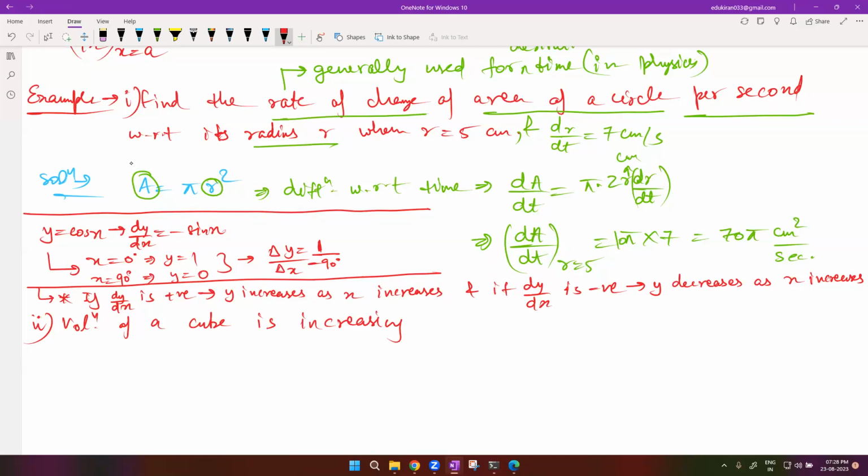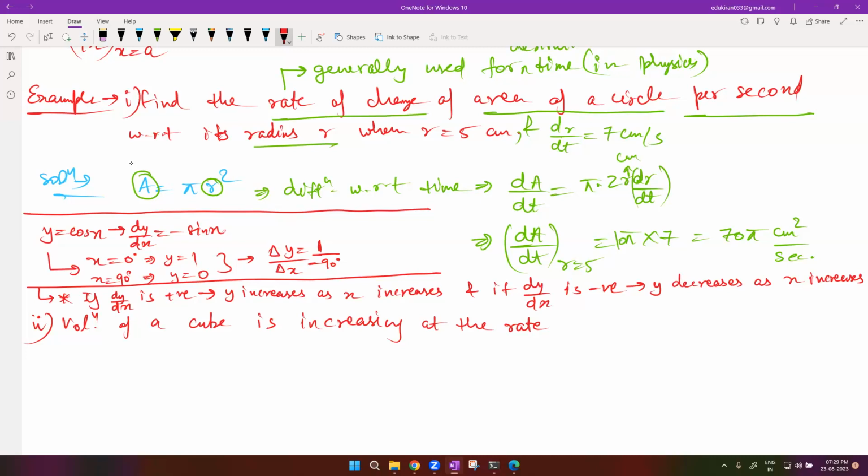So now in this case, the volume of a cube is increasing at a rate of 9 cubic centimeters per second. See, they have again used the term rate, and now let's also focus on the units they have given us.